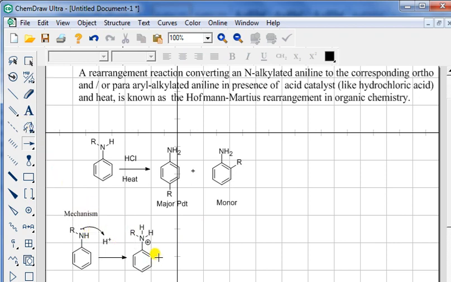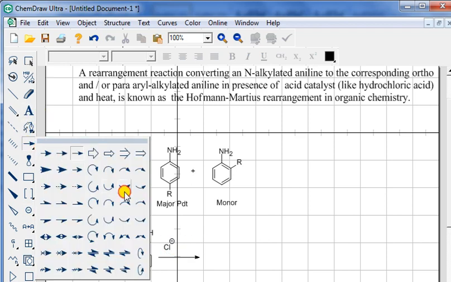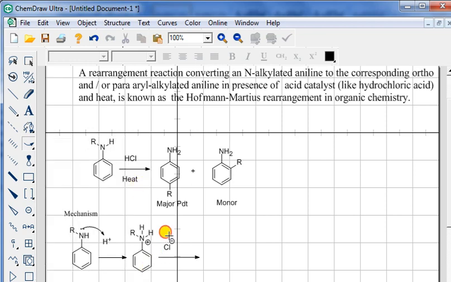So now Cl minus will attack the alkyl group. Here is Cl minus; the red sign goes automatically. Cl minus will attack this group.